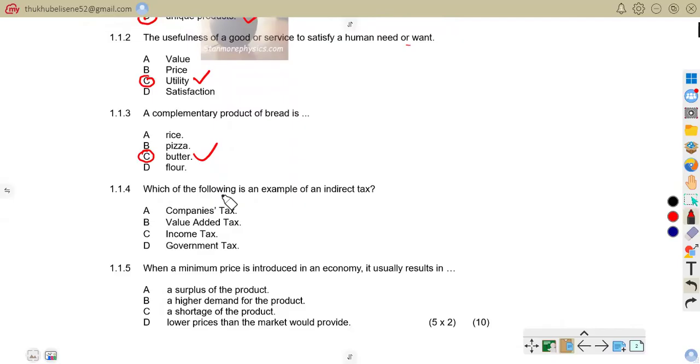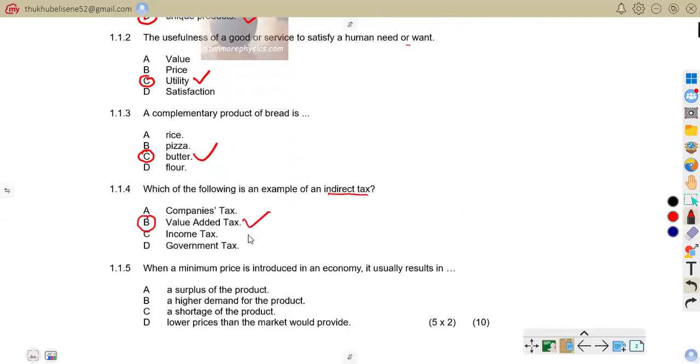1.1.4: which of the following is an example of indirect tax? We are given company tax, value-added tax, income tax, government tax. So the correct answer is B, which is value-added tax.